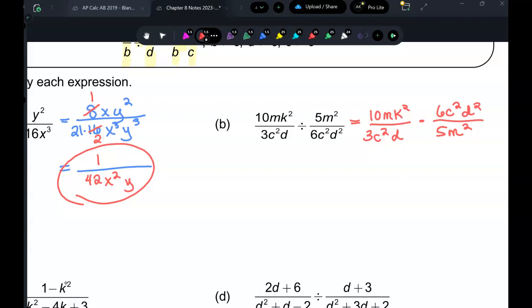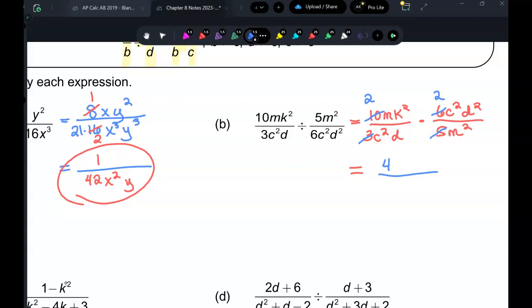It would be 2mk. Yeah, let's see. 5 goes into 10 2 times. What about the 3 and the 6? So 3 goes into 6 twice. So I know I'm going to have a 4 in the numerator.